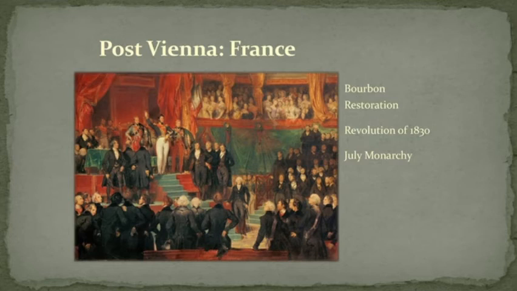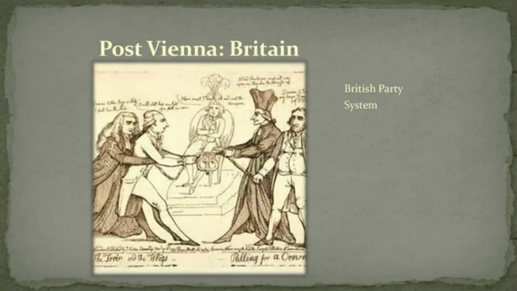Now, the last place I want to look at is Great Britain. And Great Britain, of course, had a long tradition of some form of popular sovereignty. Even when everybody else was absolutist, Britain had its parliamentary system and its constitutional monarchy, which was in some ways the model for liberals around the country.